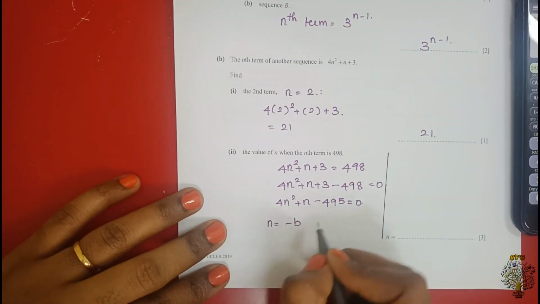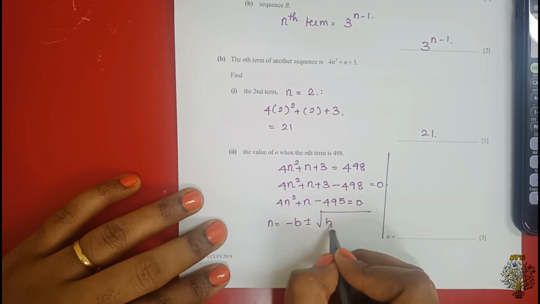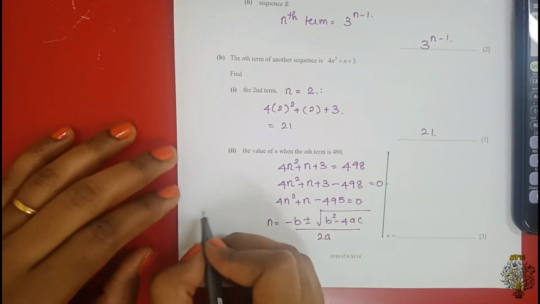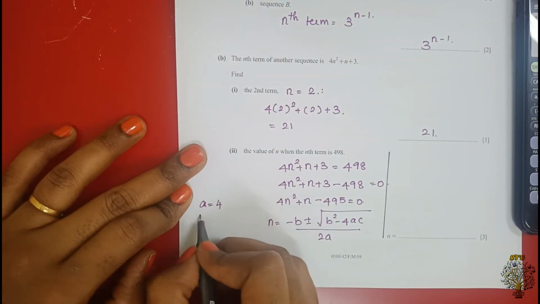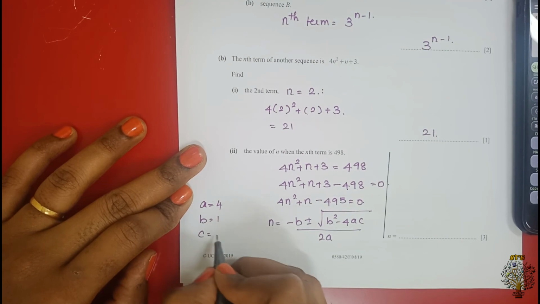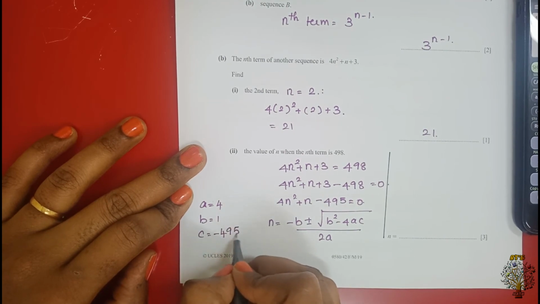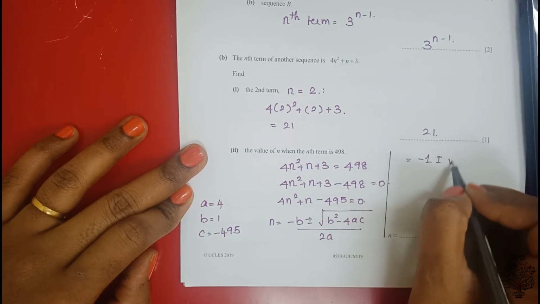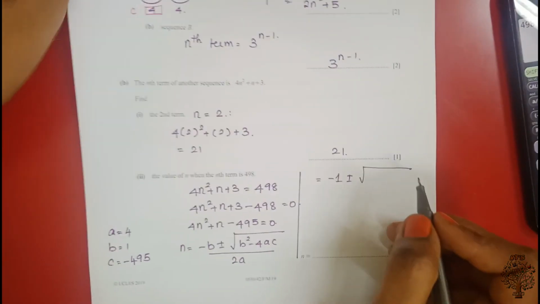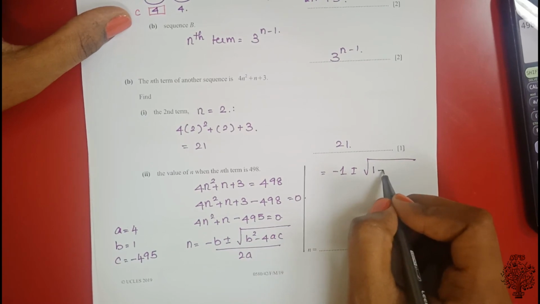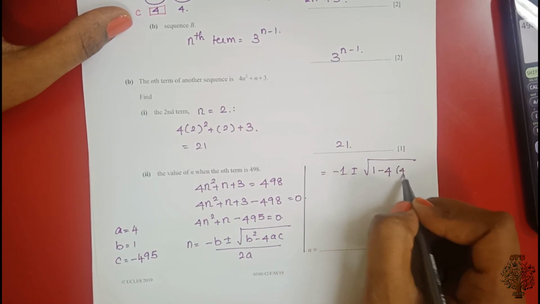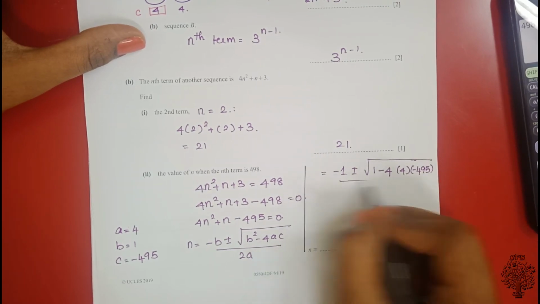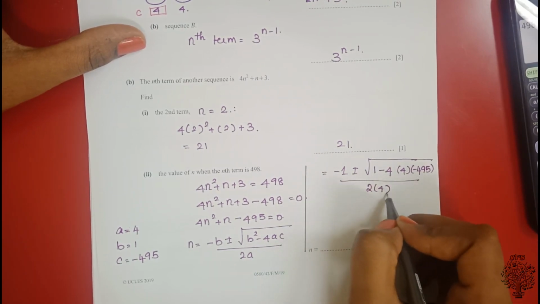N is equal to minus b plus or minus square root of b square minus 4ac divided by 2a. Here a is 4, b is 1, c is minus 495. Substituting negative 1 plus or minus square root of 1 square, that is positive 1, minus 4 multiplied with 4 multiplied with negative 495, divided by 2 times 4.